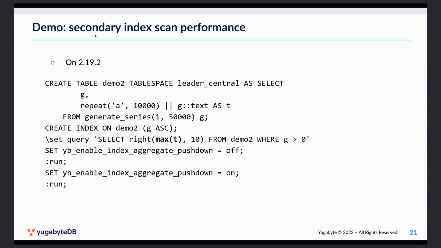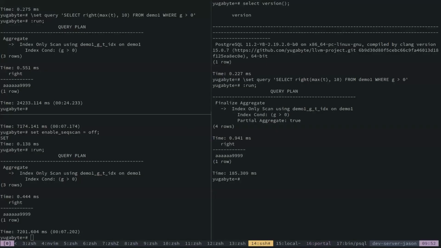Yeah, another demo, secondary index scan. So even though secondary index scan is the two-step type of scan, it's still more performant today because the data we return back is smaller. So in this demo, I'll be using 2.19.2 only because I can use this session variable to manually toggle whether I'm using pushdown or not. And this is a secondary index scan because my index doesn't have the T column. So I'm going to run this on the 2.19.2.